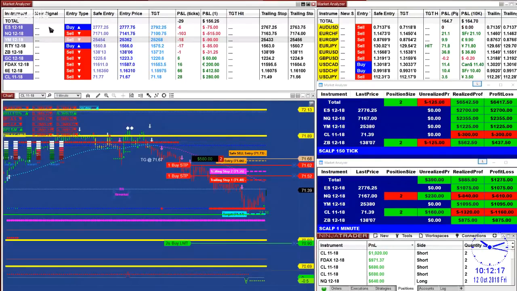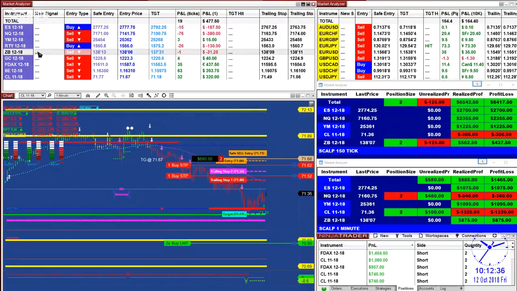Is the ES going to give up, or are the Nasdaq and the Dow Jones going to turn around and go with the ES? Every time you see the ES, Nasdaq, and YM not in the same direction, and the 30-year Treasury bond in the opposite direction, that means you are looking for trouble right now as we speak.